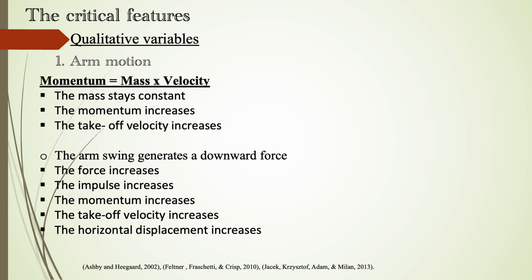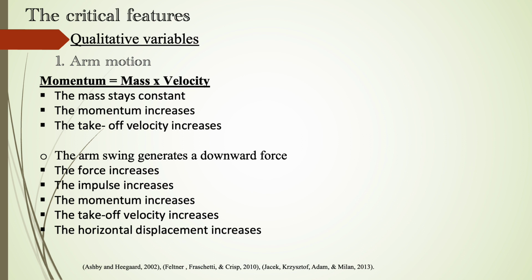This means that when jumpers bend down and swing their arms, the arm swing generates a downward force at the shoulder on the rest of the body during the propulsion phase, which slows the shortening velocity of the lower body joint extensions and allows for greater muscle torque production. The higher force leads to greater ground reaction forces and impulse, which also increase the momentum.